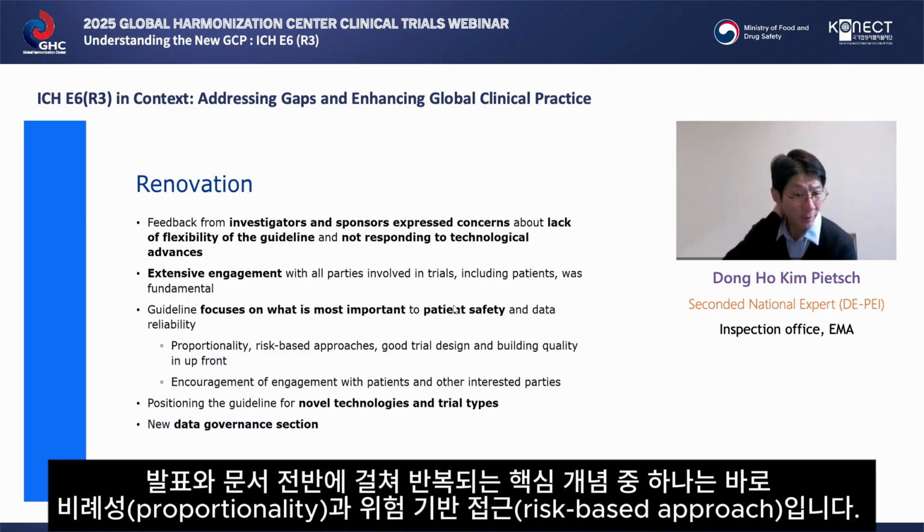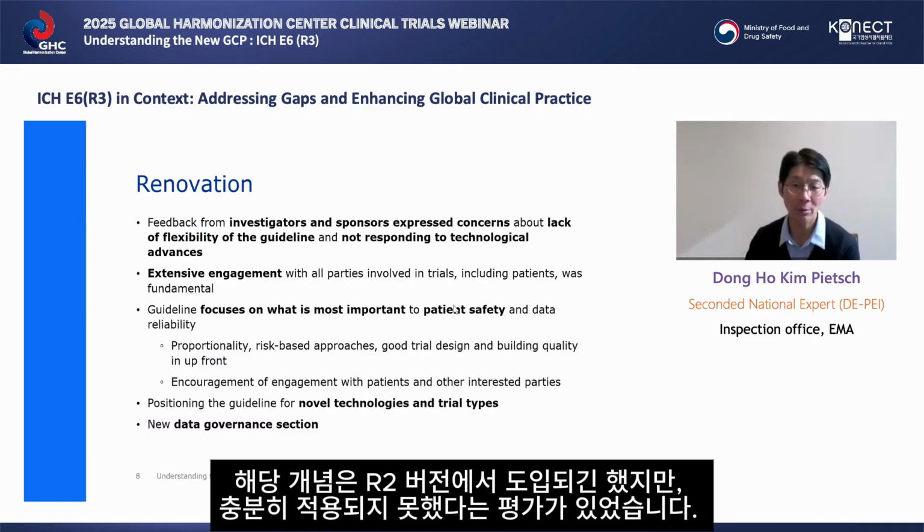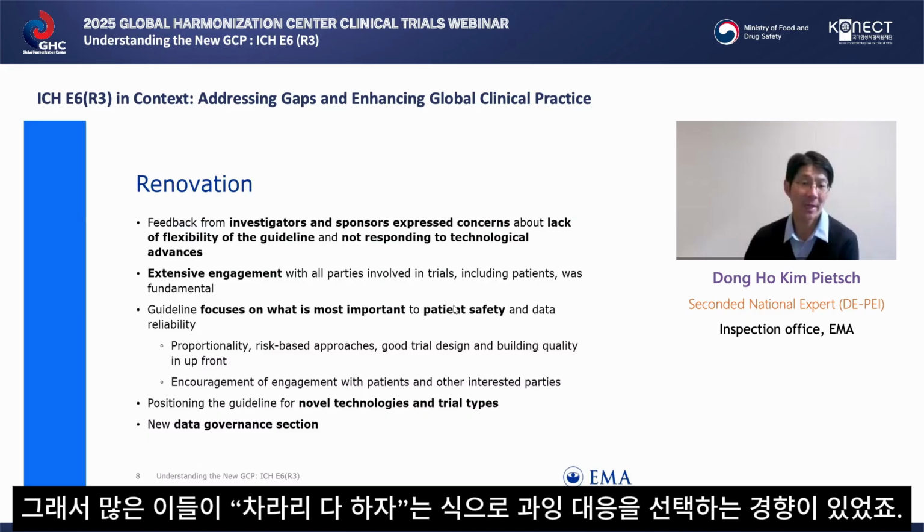Those words you will see throughout the presentation, but also throughout the document. It's about proportionality, embracing the risk-based approach, which was also introduced in R2, but it was felt that it was not fully embraced, or people were cautious to take it up and said, okay, we'd better do everything instead of being sorry.